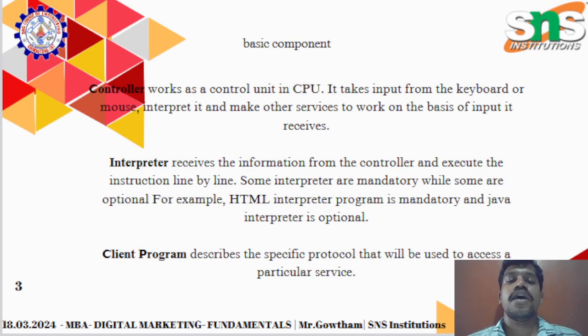This slide gives the basic components: the first is the controller, the second is the interpreter, and the third is the client program. The controller is the heart of the computer, which is called the CPU, the central processing unit. It is the part used for storing the data while we are working.